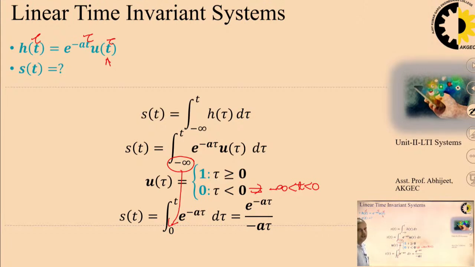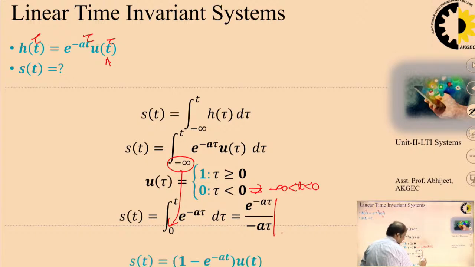The upper limit, as per the definition, remains t, and I can integrate e raised to the power minus a tau. The integration of e raised to the power minus a tau will be e raised to the power minus a tau by minus a, and I will put the limits: the lower limit is 0, the upper limit is t.